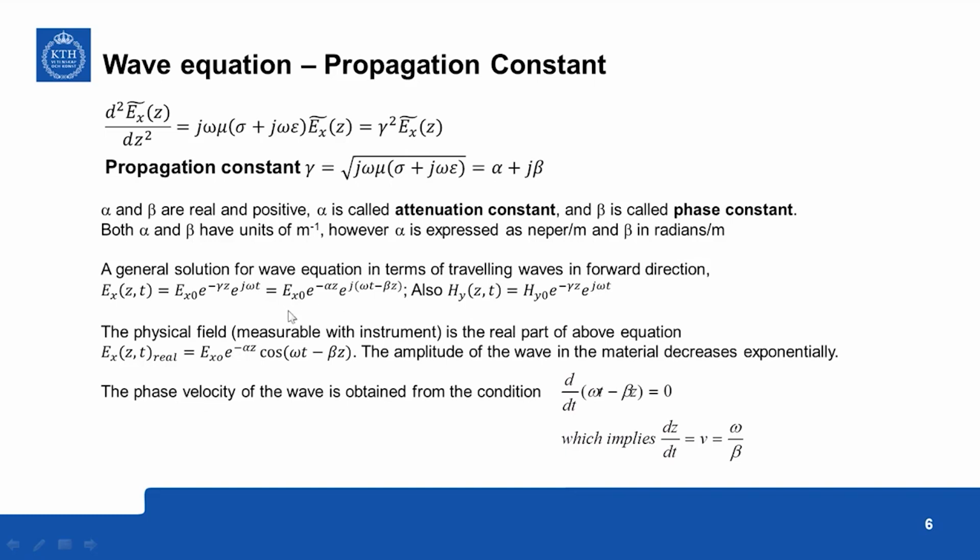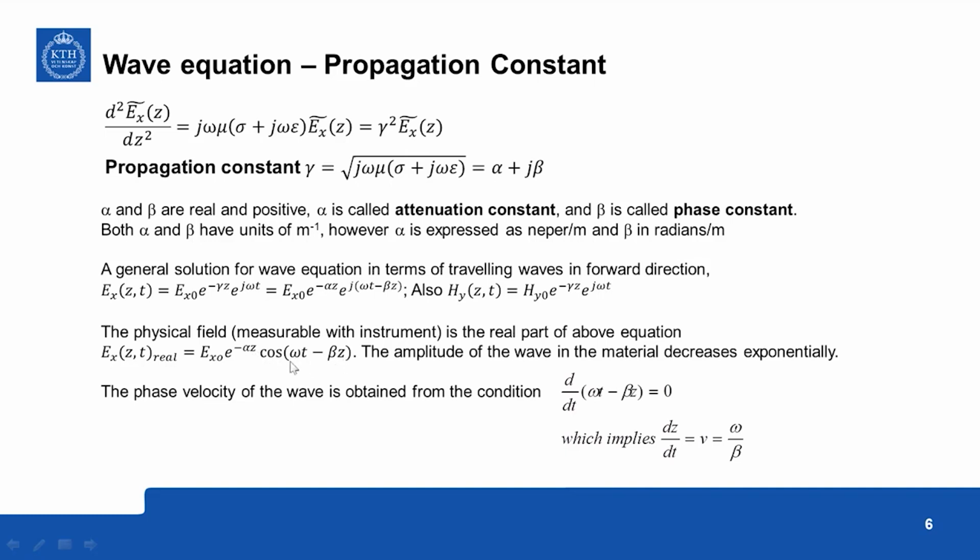Now, since it has the real part and the imaginary part, if you try to measure the field with an instrument, what we measure is the real part of the field, that is the physical real part of the field, and that part is given by E_x e to the power of minus alpha z cos(omega t minus beta z).